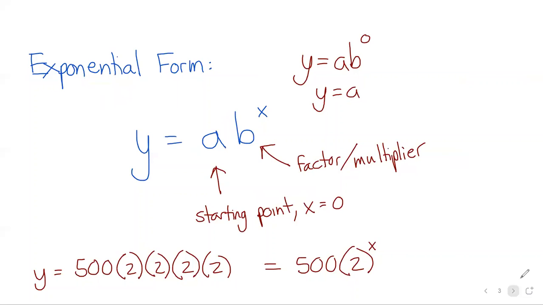We want to know this very general exponential form, which applies to a lot of cases, most cases really. We want to know that A here represents a starting point and B represents a multiplier, or like we just saw in those interest questions, it represents a rate of growth, a rate of decay.